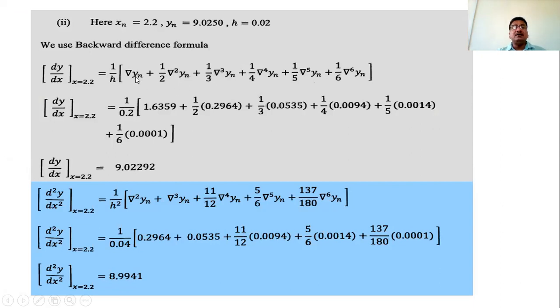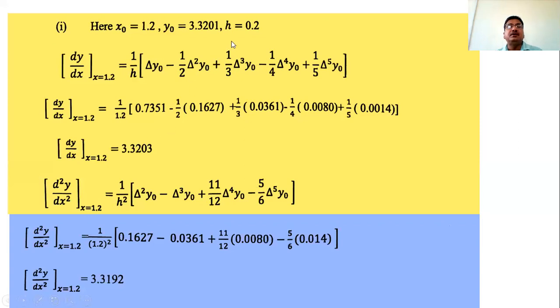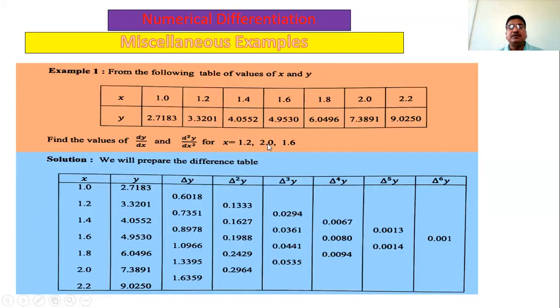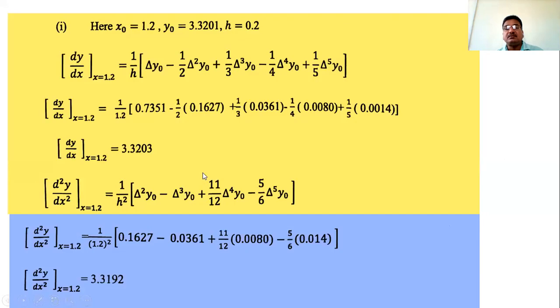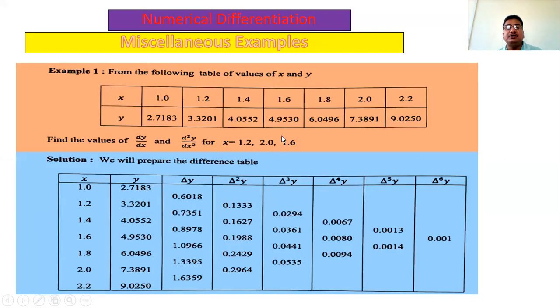Okay, and then substitute the value of h. So xn is 2.2, the last point. Xn is not 2.2, here write 2.0. Xn is 2.0 because we have to find the derivative at 2.0. Here either the problem is wrong, or the answer is wrong. The problem is solved at 2.2 and the question is to find at 2.0.